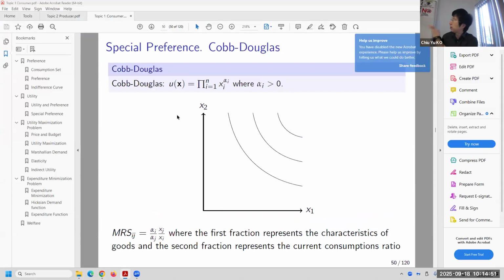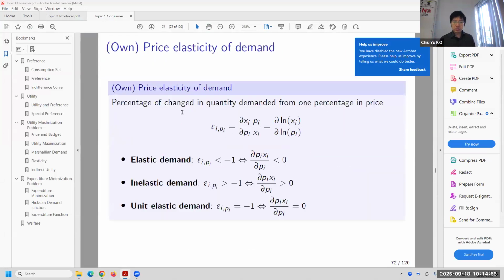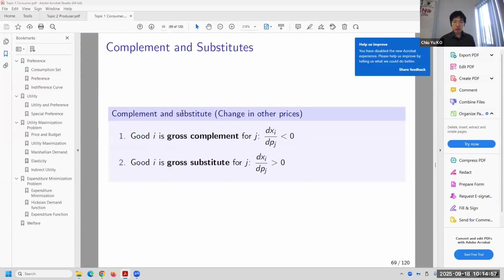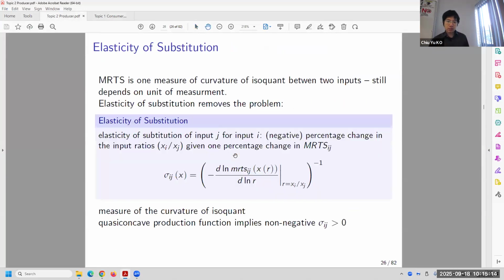You can see the very similar thing, right? The same thing here, but I take an inverse. It's MRS, but MRTS over this. We have this already. So I use the inverse here.